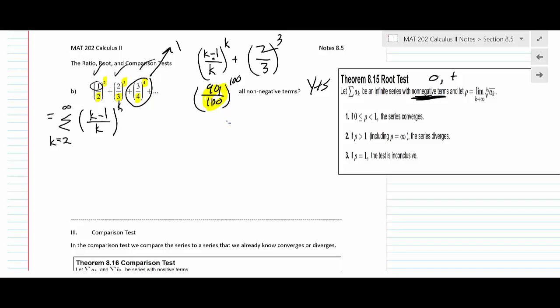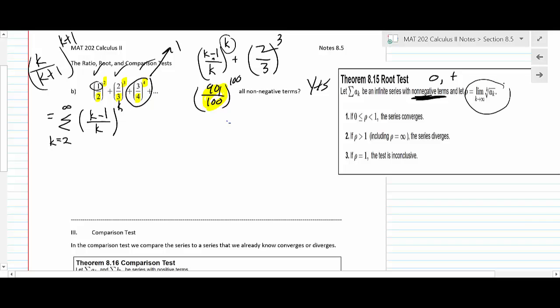Now we want to apply this using the root test, and part of the reason I did what I did is I wanted that to be a K power. I could have made it K over K plus 1 to the K plus 1 power, but it's a little easier to use the root test if it's just something to the K power.